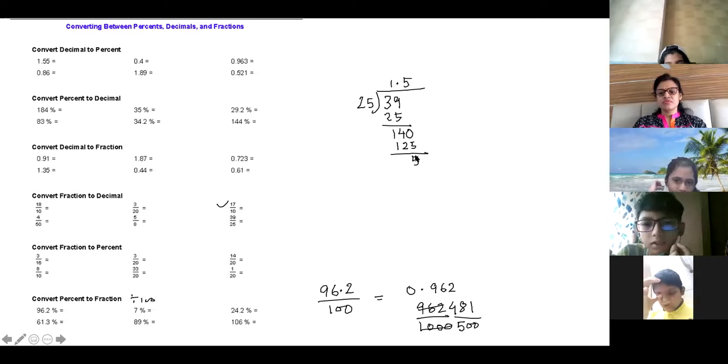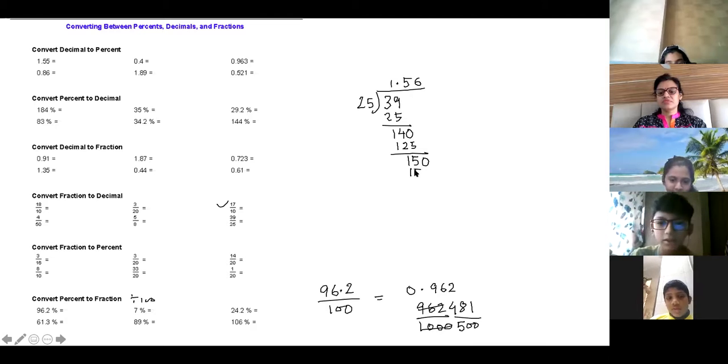Then 0 minus 5 is not possible, so 4 will become 3. So 3 minus 2, 1, and 10 minus 5 is 5. 1 minus 1, 0. Then we will add one more 0. Then again 25 6s are 150. Sorry. Then you got 1.56. Is it clear?